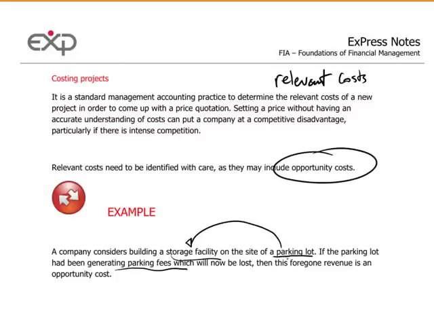If the parking lot is generating $50,000 in fees at present, they would have to take into their calculations the loss of the $50,000, and therefore the benefits of the storage facility would have to exceed the loss of the $50,000. Otherwise, they've made a poor decision to divert the parking lot to an alternative use. So it's things that are lost or foregone that become the opportunity cost.